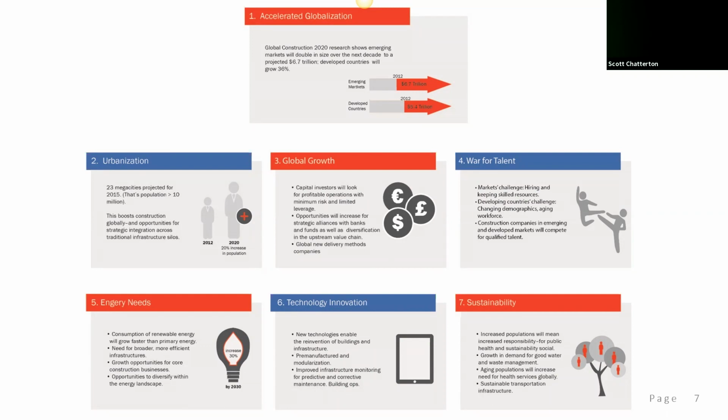The current generations of occupants are really looking for more efficient and socially responsible housing, so they're actually demanding this from their clients. And one way we can do that is utilizing BIM to provide them with a more intelligent built environment. Global growth, with capital investors looking to profit from this, is certainly a driving factor.